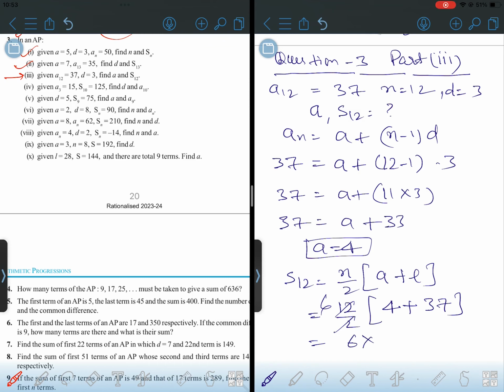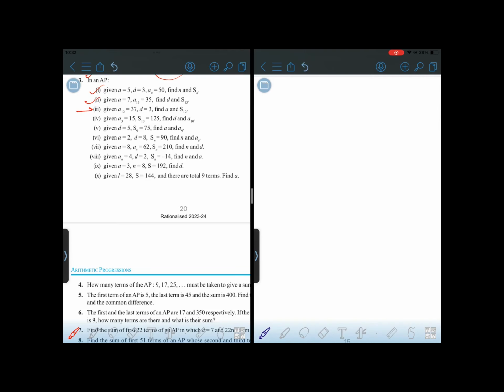This is 41. That gives us 6 1 is 6, 6 4 24, 246, right? So this is how we have found out the value of the first term of the AP and the sum of the first 12 terms. So we have solved till part 3 of question number 3.